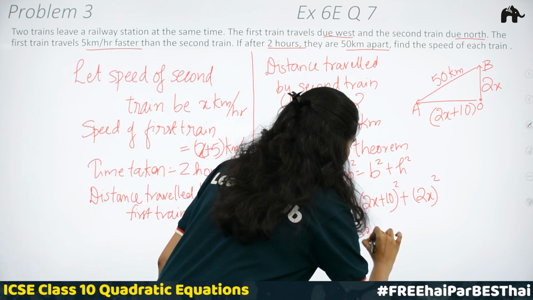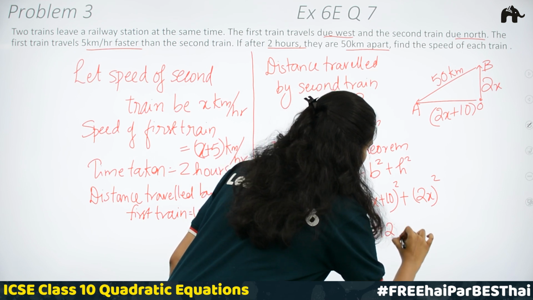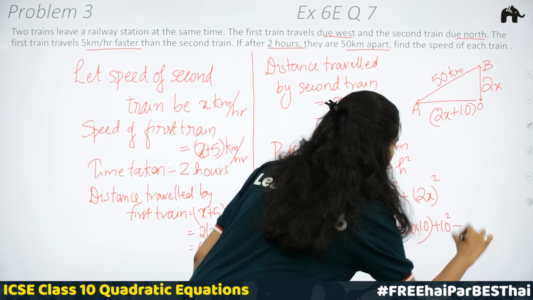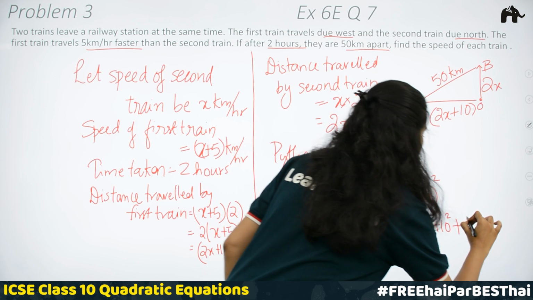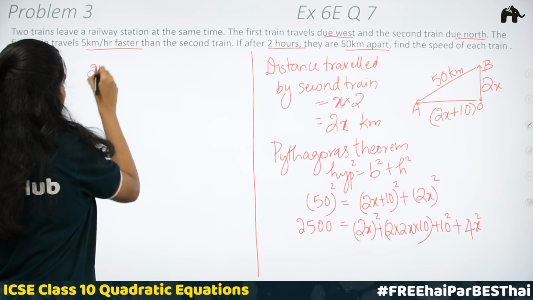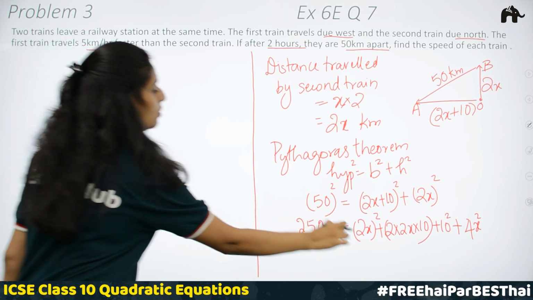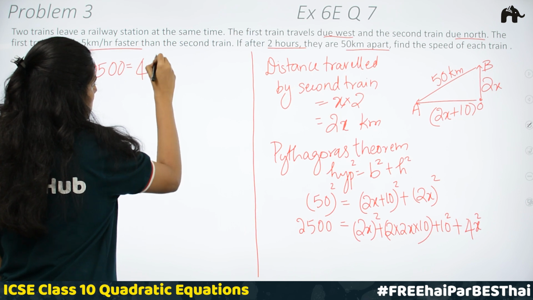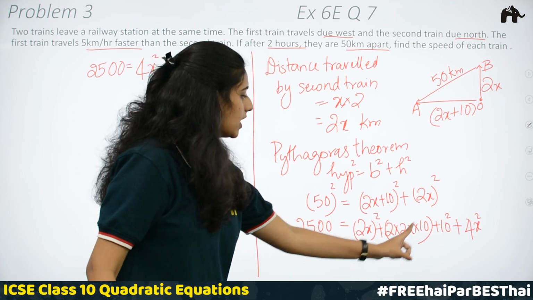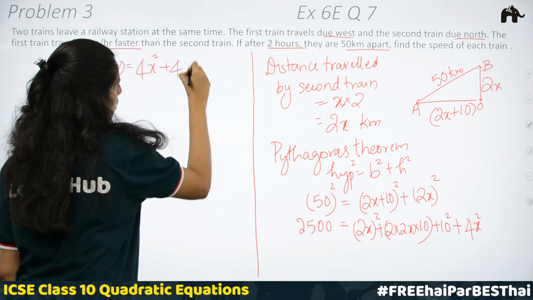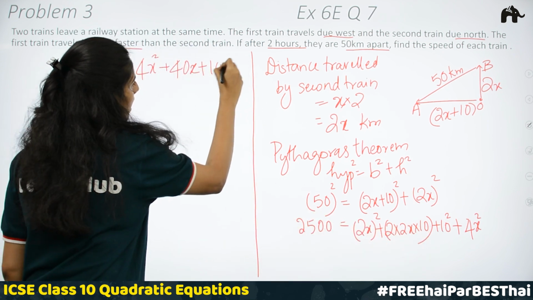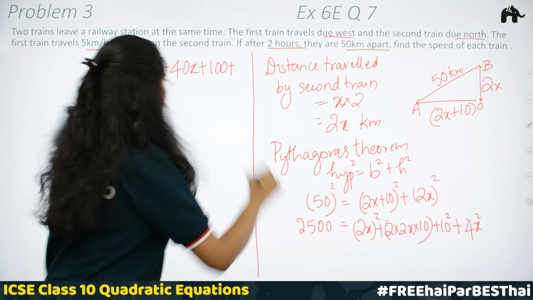So 2x square is 4x square, plus 2 into 2x into 10, that is 4x into 10, 40x, plus 10 square, 100, plus 4x square.